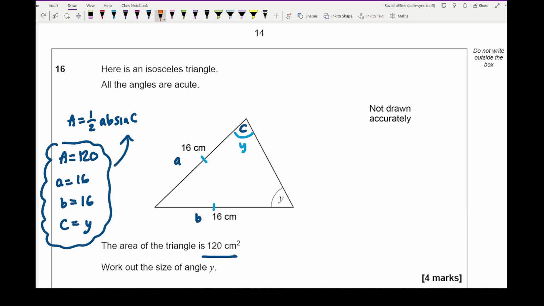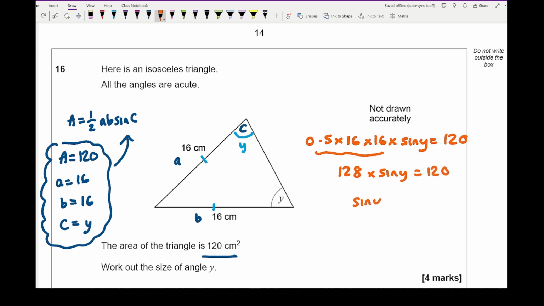We're going to end up with 0.5 multiplied by 16 multiplied by 16 multiplied by sine y, and that comes to a total of 120. Simplifying, 16 times 16 is 256, divided by 2 is 128, times sine y equals 120.